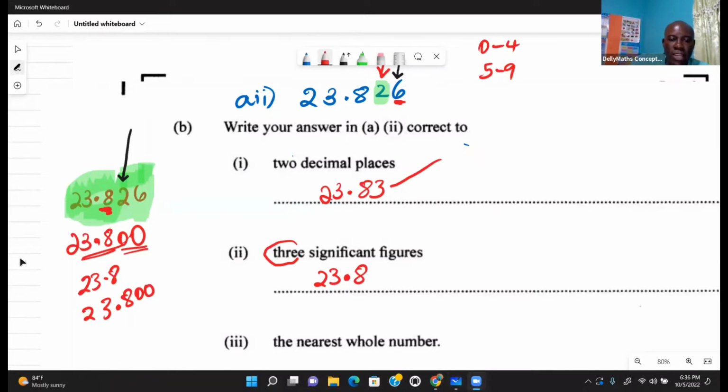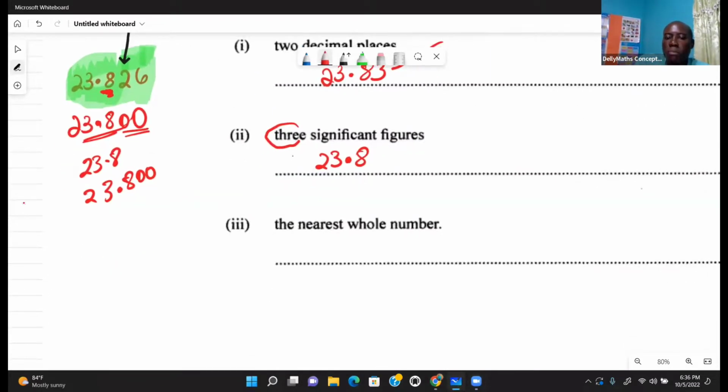So the next question now says to the nearest whole number. I'm really going to talk about this. We have 23.826. You see, the whole number part of this figure is the 23. The 0.826 is the decimal part. So then we are going to be rounding off to the nearest whole number.